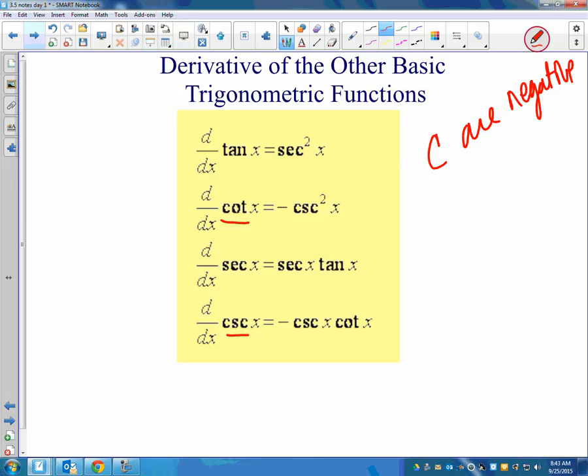Here's my other advice. Look at tangent and look at secant. You have to kind of remember those. Tangent is secant squared, and secant is secant x tangent x. Cotangent and cosecant are just like that with the co-functions.